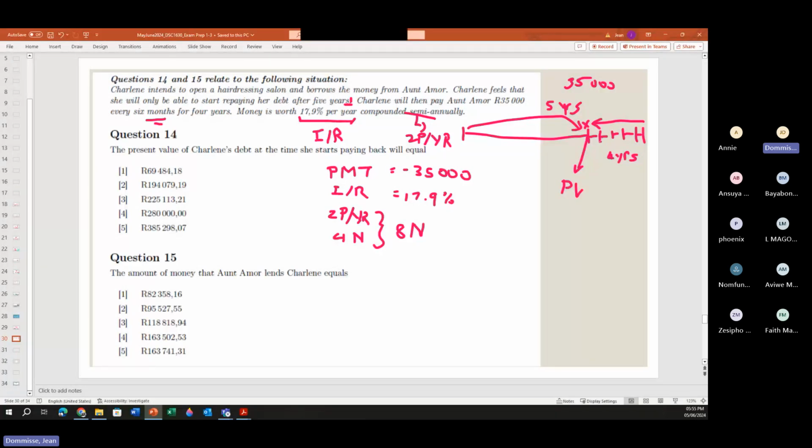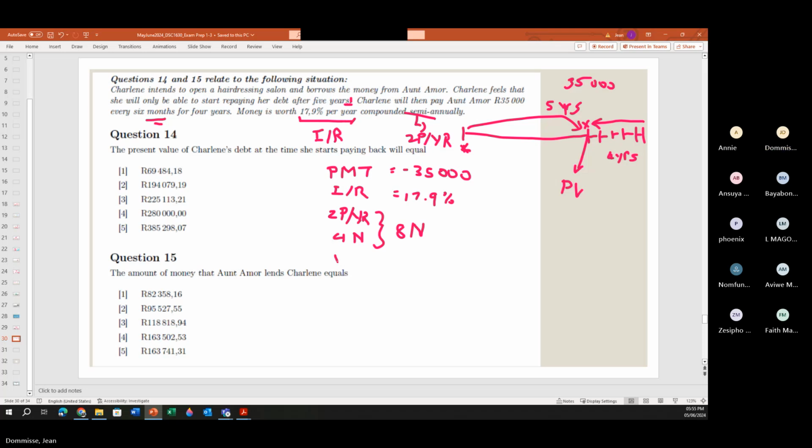We don't worry yet what the amount is that we might need to pay now or the amount that we need to borrow now. We merely want to make sure that amount that we got there, what is the present value of that?